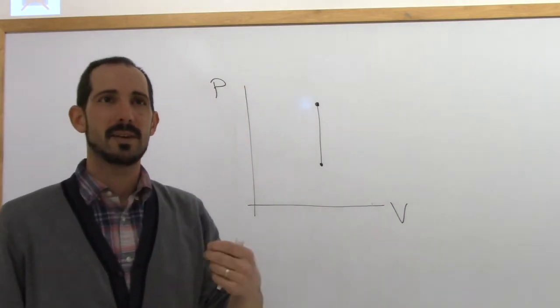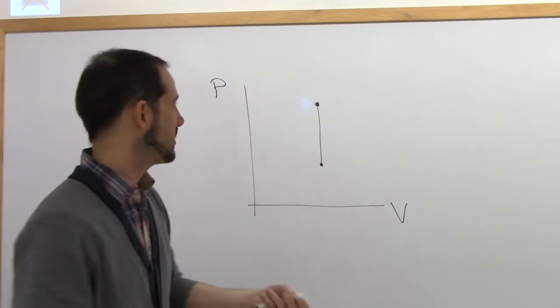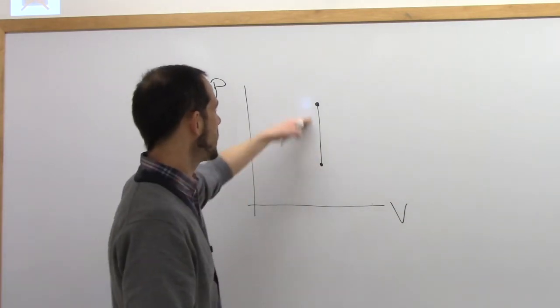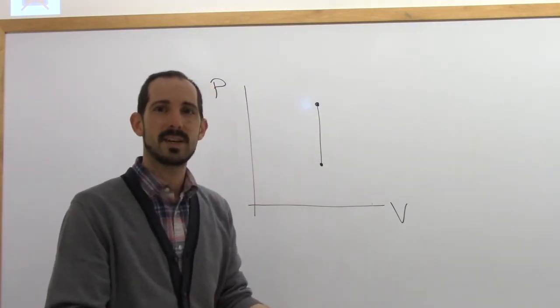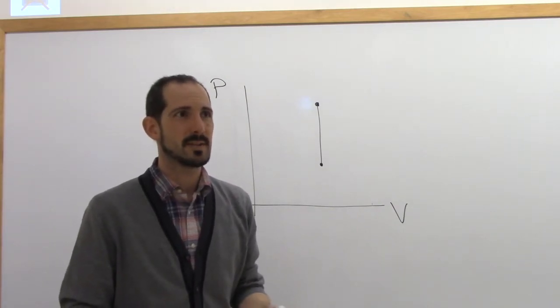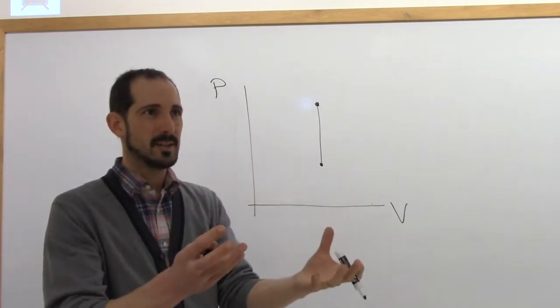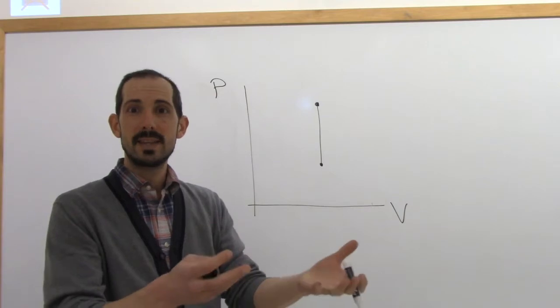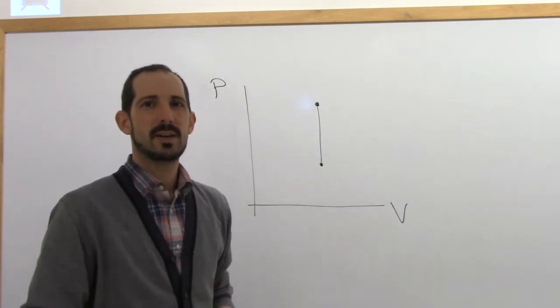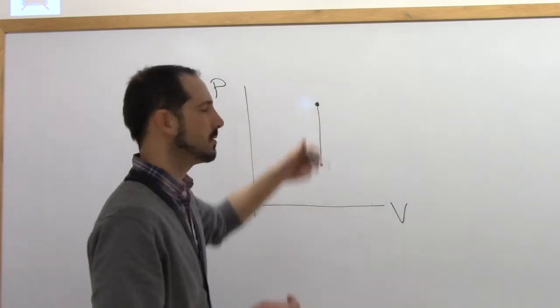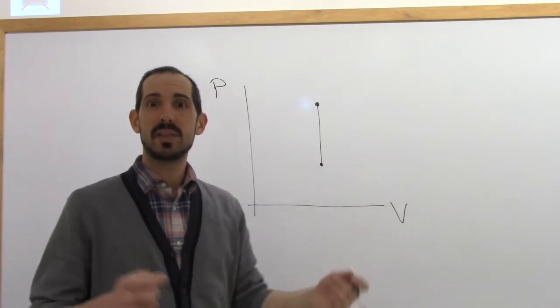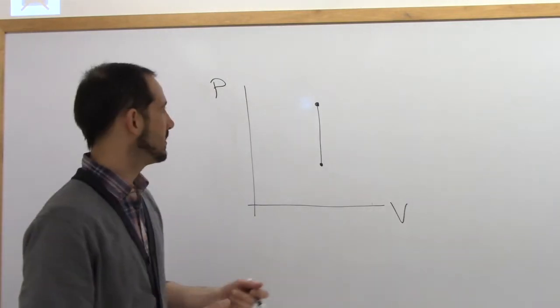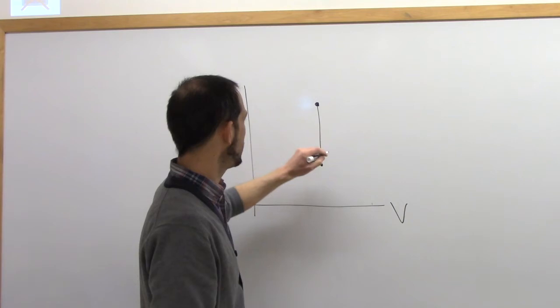So there's some amount of thermal energy that's put into a system that is able to cause the pressure to rise while the volume remains constant. If you think of a solid object filled with gas, and then you heat that gas, and the walls are rigid, the volume would not be able to expand, but the pressure within that sealed container would be able to increase.